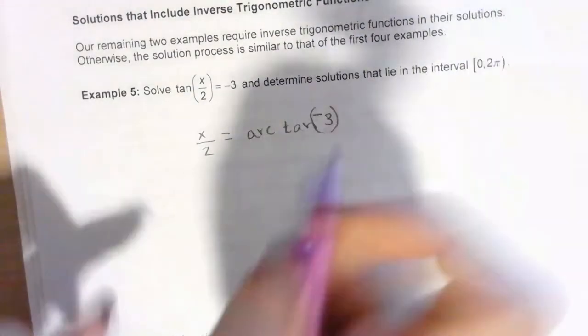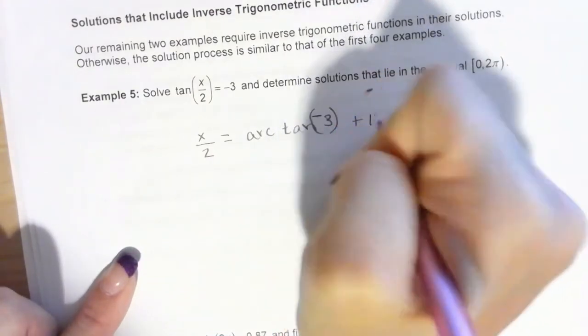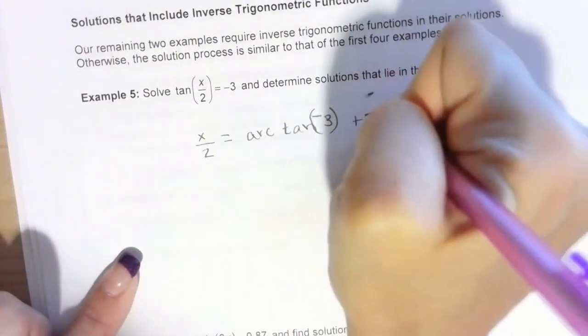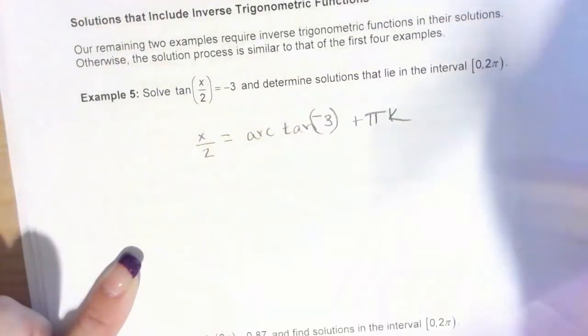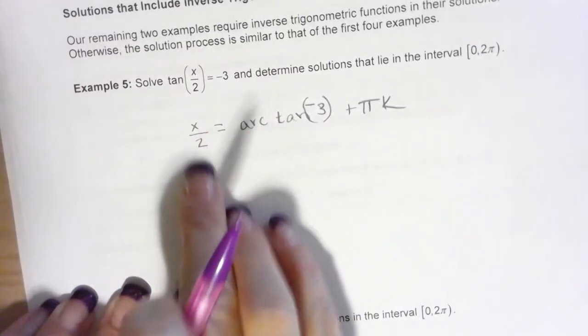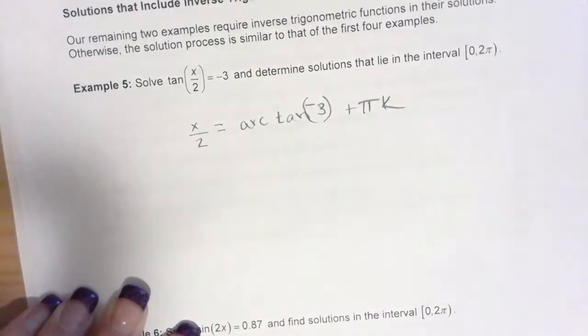Now, we know that with tangent, though, we're adding pi k to it each time. I have to put that pi k before I do my solving, okay? So when we do arctangent, you just add pi onto it.